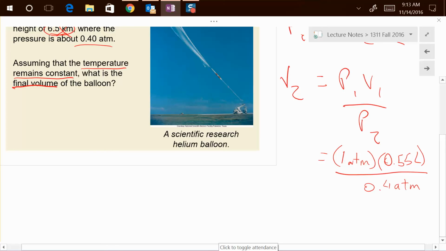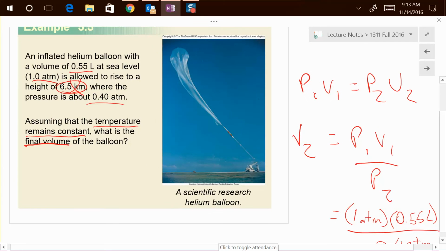Using Boyle's law. So a lot of it comes down to which equation do I need to use? Because we have all these equations: Avogadro's, Boyle's, Charles's, the combined gas law equation, the ideal gas law equation. How do I know if I need to use the combined gas law? What is my question going to look like?